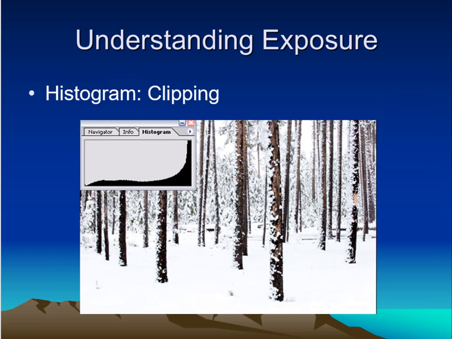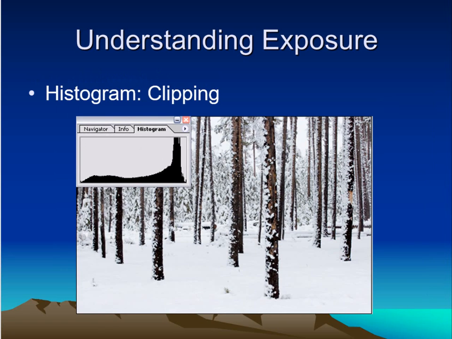Now let's take a look. I don't know if you can see very well because it's a snow scene, but in the snow at the base of the trees, you're not seeing really any detail. And you can tell by the histogram that that detail is clipped. It's gone. What I did is I changed my shutter speed minus 1/3 on the shutter speed, meaning an underexposure.